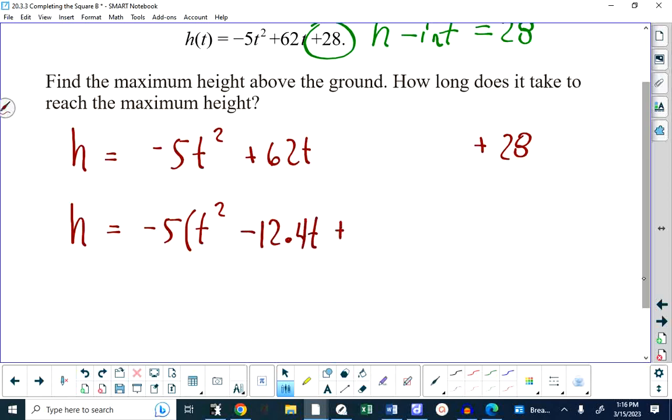So you get -12.4t. We're going to add a number in here. What number are we going to add? Well, I've already given you permission in this question to work in decimals. So take -12.4 on your calculator, divide by 2 to get -6.2, and then square it.